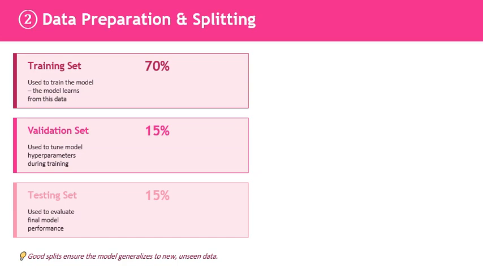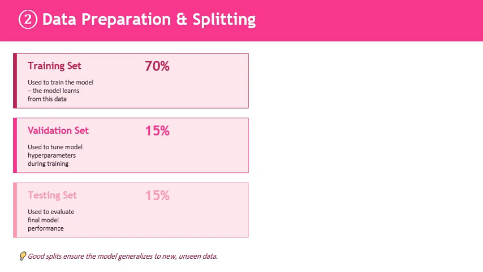The validation set represents also 15% of the data. This data helps tune hyperparameters and improve the model during development. And the final one is the testing data. It's only used at the end.